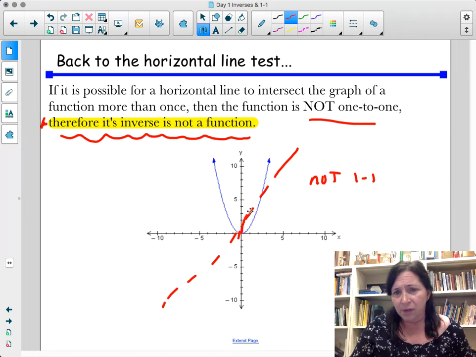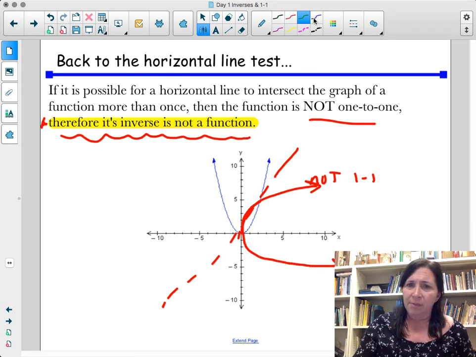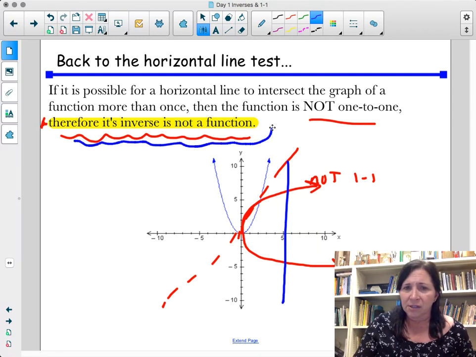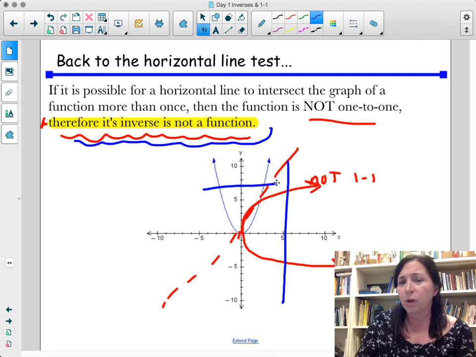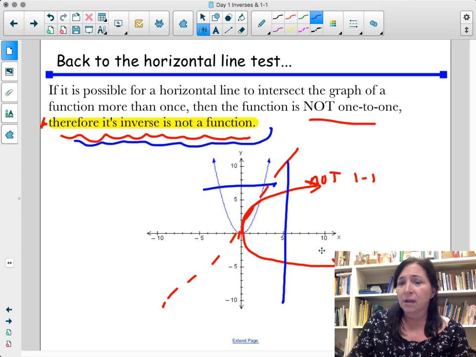And what this is going to look like is this. Well, of course that's not a function. It doesn't pass the vertical line test. Check, doesn't do that. So there definitely it's not a function. If it's not one-to-one, then its inverse is not a function.